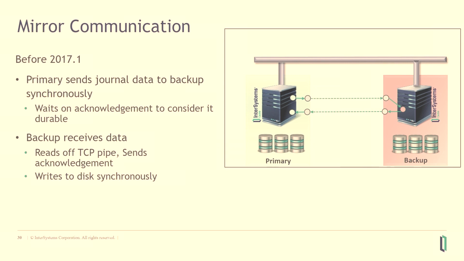When I say durable, I just mean the primary is waiting to actually write it to the databases until the backup has it. That way it prevents them getting out of sync. So there's one process on the backup handling both of these. Basically it reads the data off the TCP pipe, tells the primary it got it, and then writes it to disk and repeats over and over.